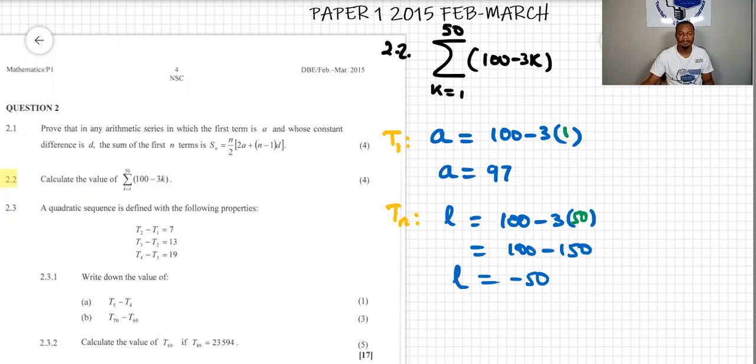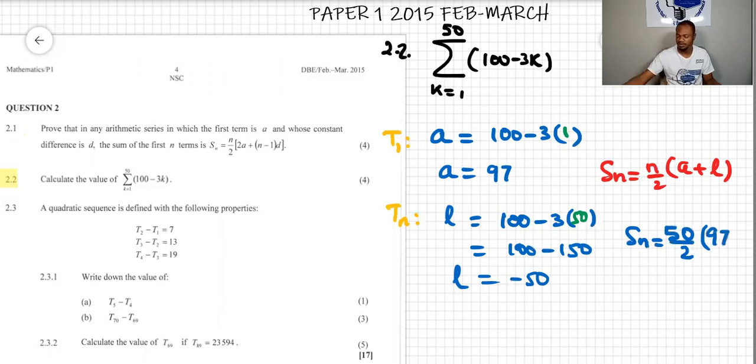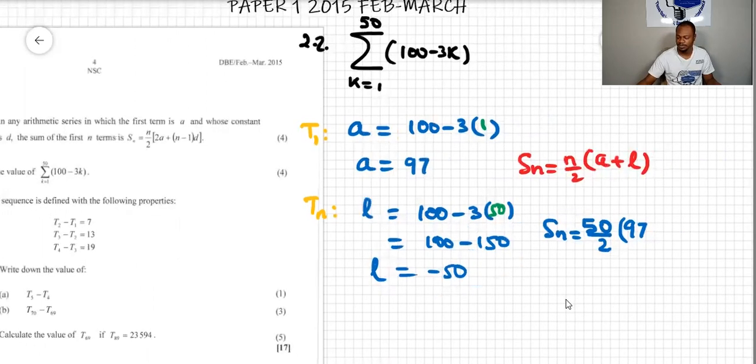I use that because we have a formula that says the sum Sn equals n over 2 times A plus L, the first and the last term. So Sn will be equal to n, how many terms? There are 50 terms. So we have 50 over 2, open brackets, A, the first term, which is 97, plus negative 50, and close the square bracket.